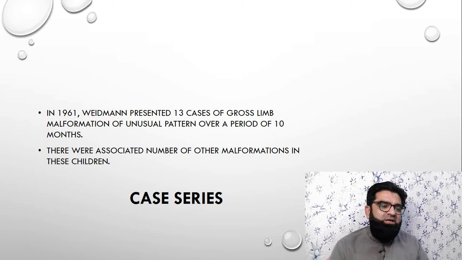Some people say that a number of cases should be labeled as a case series irrespective of their unusual pattern, but it's a controversial area. But for the sake of simplicity, we should say that a number of cases with unusual pattern should be labeled as a case series.